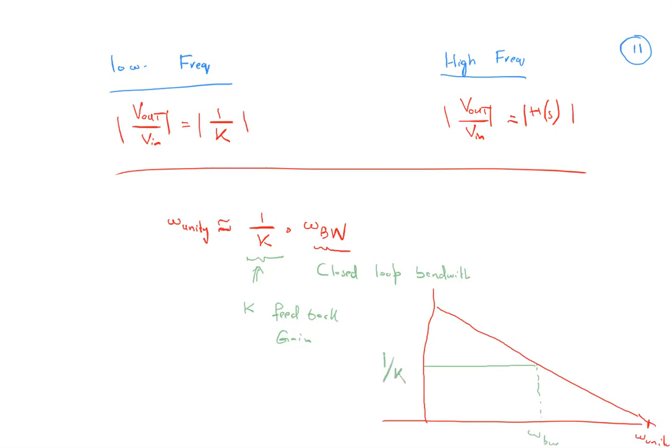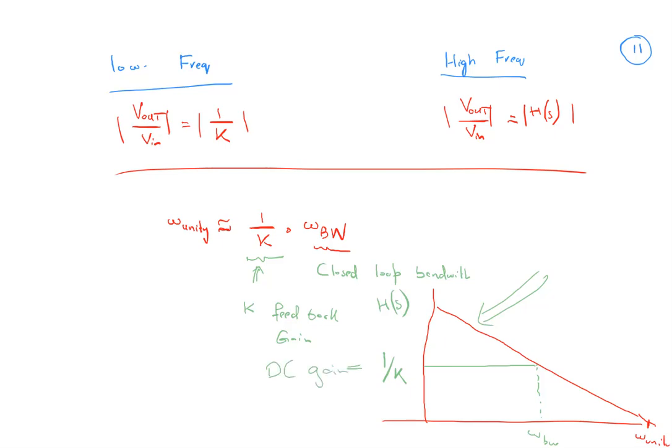You can verify this by drawing the K A. Now here, your red one is basically just the H of s plot. It's not the one with A times K times H of s. We can just directly use the same plot which we figured out in the open loop, and draw the line of the DC gain, because 1 over K is equal to the DC gain.